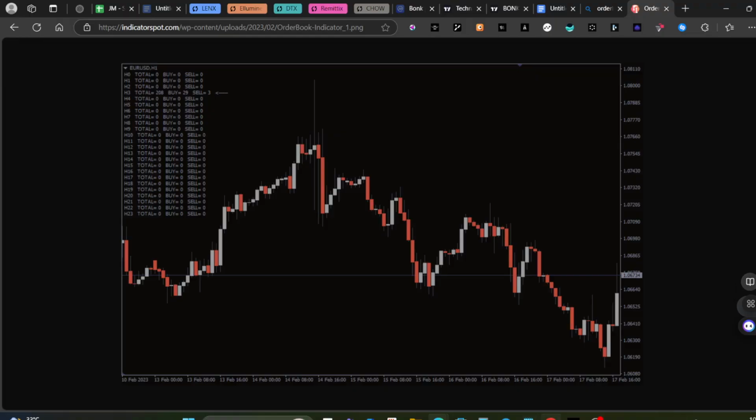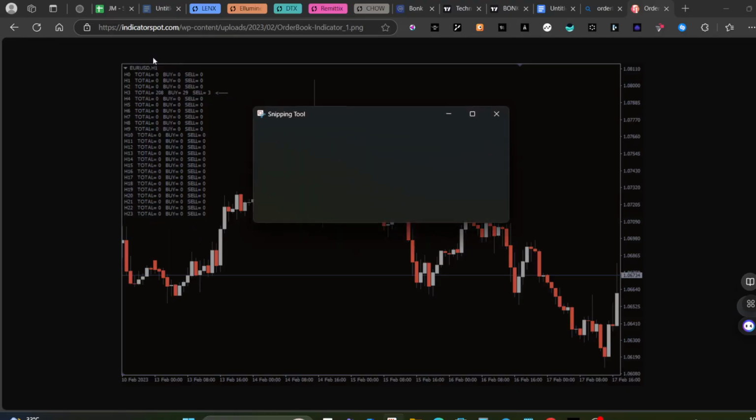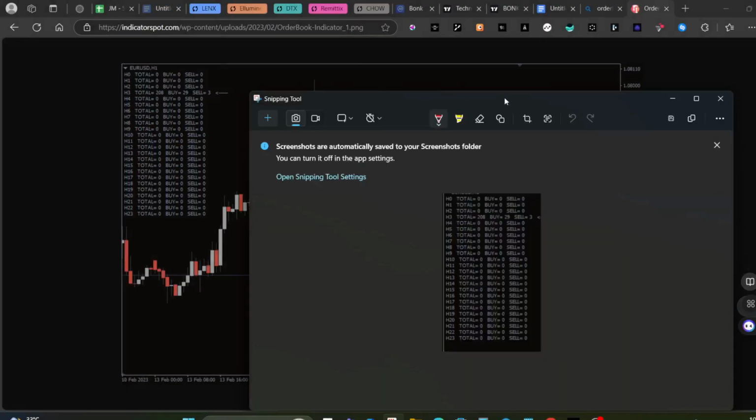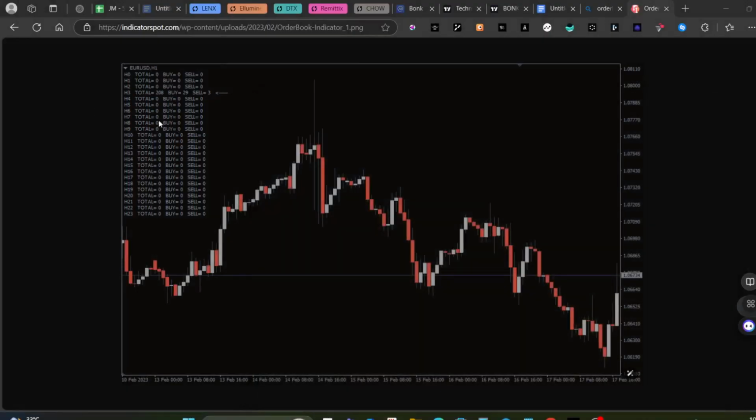The order book indicator is a tool available for MT4 that is designed to help you understand market volume in a completely new way. It's a volume based indicator that shows you both buy and sell orders. You can see what is happening around here, right? You can see that we have buy and sell orders around that zone.